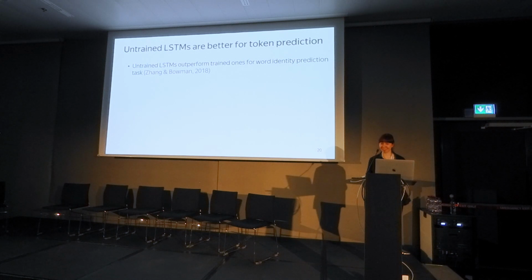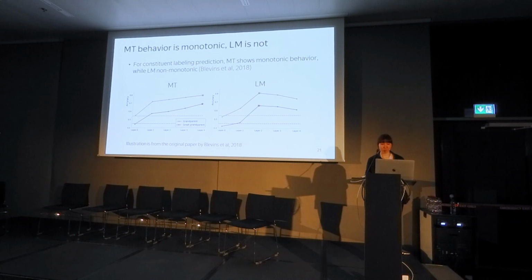Looks a bit interesting, right? Kind of unexpected. Next, when trying to predict constituent labels, the performance of language model layers is non-monotonic: it goes up to a certain layer, then down, while for the machine translation encoder, it improves up to the highest layer. Here we already can see that for different training objectives, patterns of behavior can be substantially different.